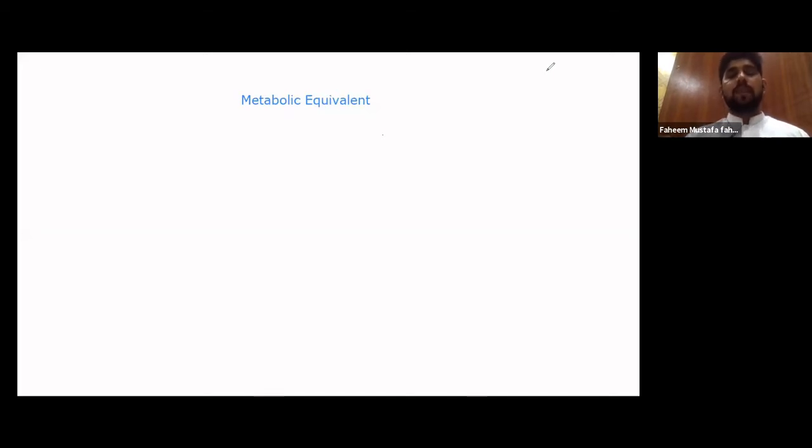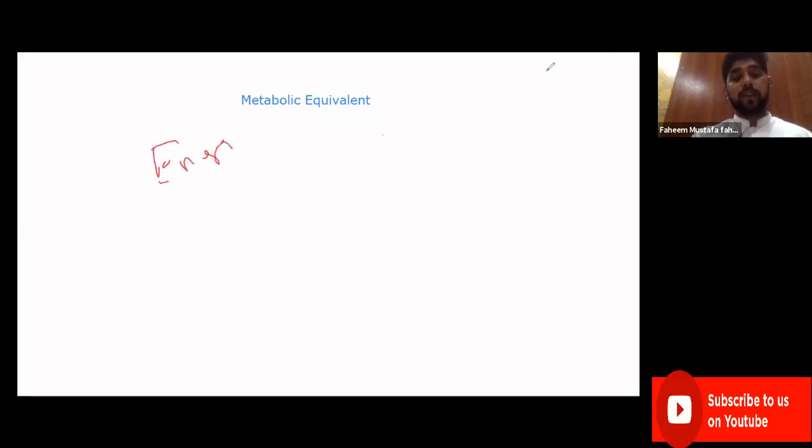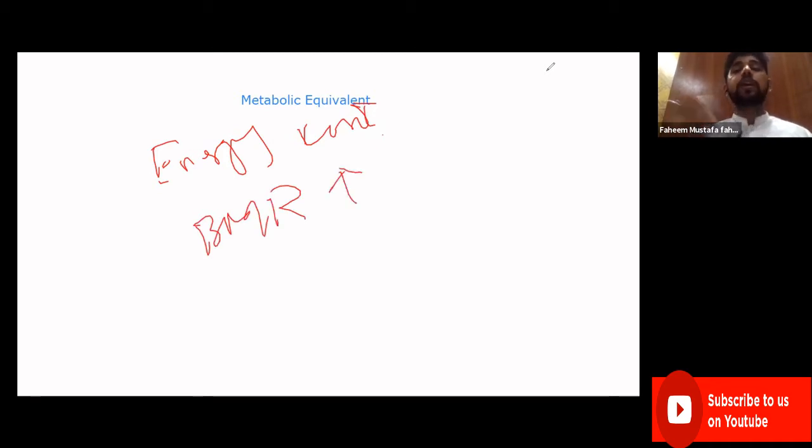Today we'll discuss the metabolic equivalent. It expresses the energy cost of any physical activity. It tells us how much energy a physical activity requires, and it indicates how many times BMR, basal metabolic rate, is or should be increased to perform a certain type of physical activity.